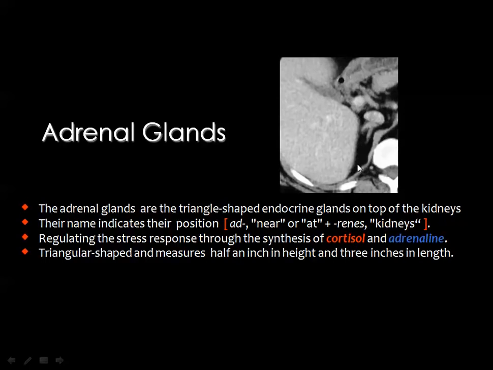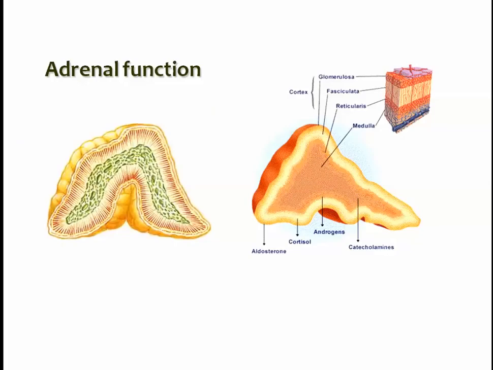And that's why in thin persons and the children, you cannot usually appreciate the adrenal gland because of the paucity of the retroperitoneal fat. This is the normal appearance of the adrenal gland, as I said, an inverted Y configuration.